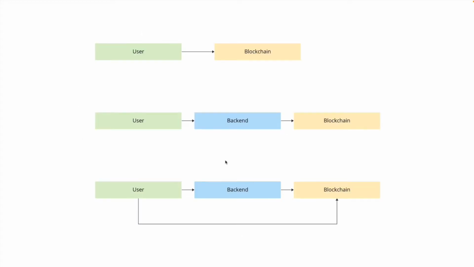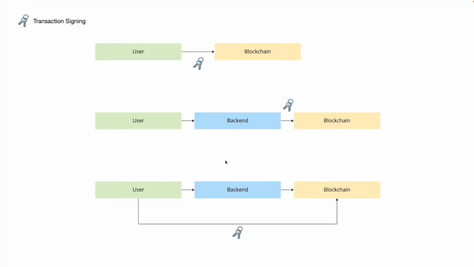So now, how does the user exactly interact with the blockchain? We have three different architectures. First, the user can interact directly with the blockchain without any middleman, and the user is responsible for signing their transaction with a public and private key. Second, we have the backend, which is in the middle between the user and the blockchain.